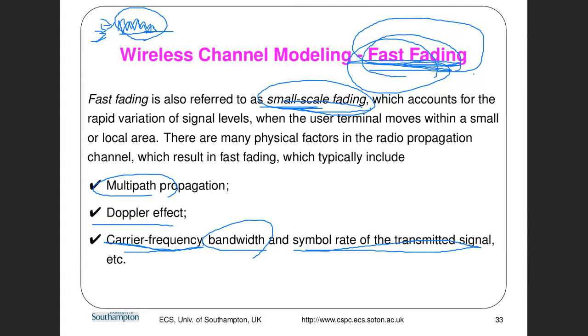For example, I said a lot about signal bandwidth, but there is no mention of signal bandwidth in the slides. In the slides, it's also said system bandwidth or symbol rate of the transmitted signal. So in exams, you should stick to the wording in these slides.